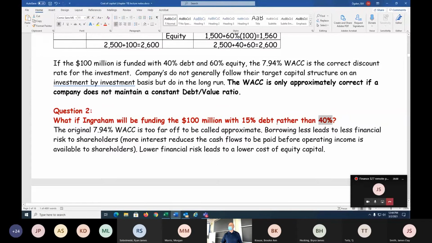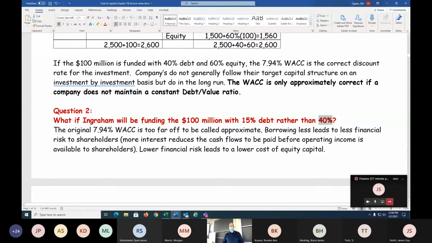So that's far enough apart that we can't accept that 7.94 would be the right cost of capital. In two separate places in your text, your authors recommend a 3-step process for adjusting this cost of capital. Now, the original 7.94 WACC is too far off to be called approximate.